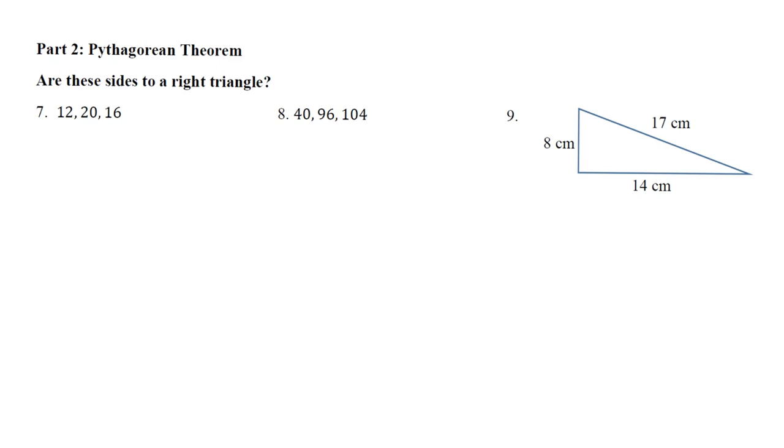This next section is asking us to see if they are the sides of a right triangle. Remember, you're always going to use a squared plus b squared equals c squared, and c should always be your biggest side. So we're trying to see if they are equal. So I'm going to do 12 as a, 16 as b, and 20 as c. 12 squared plus 16 squared equals 20 squared.